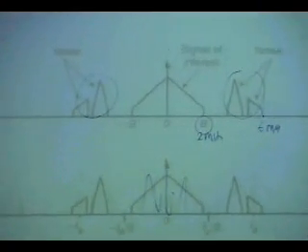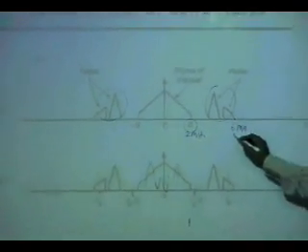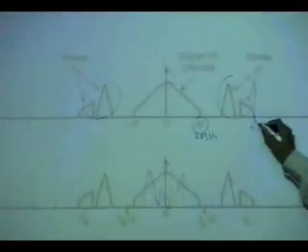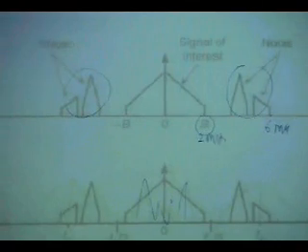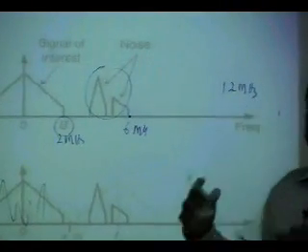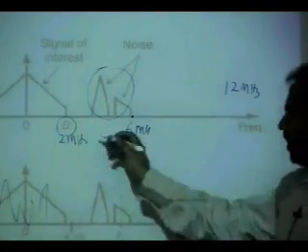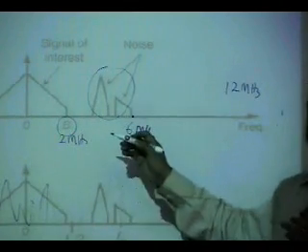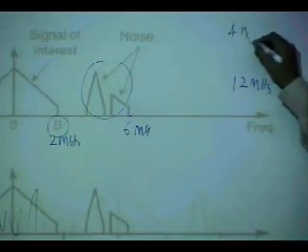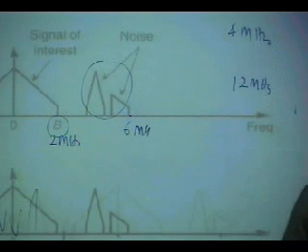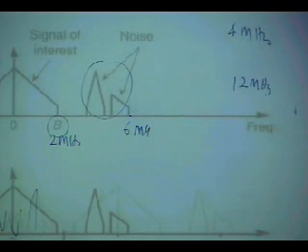You say, okay, I don't mind sampling it at 12 megahertz, whereas otherwise you would have sampled it at 4 megahertz. So what is the difference? The difference is 3 times more complexity and cost.